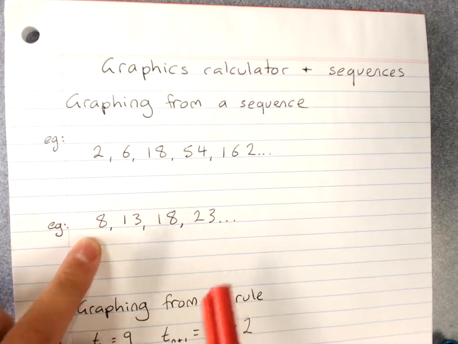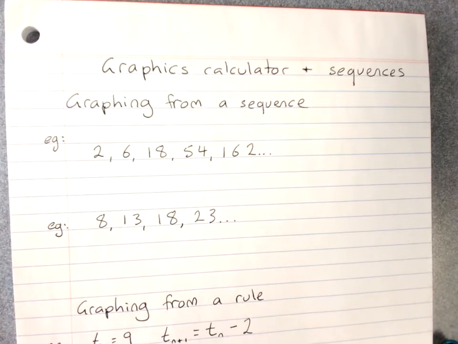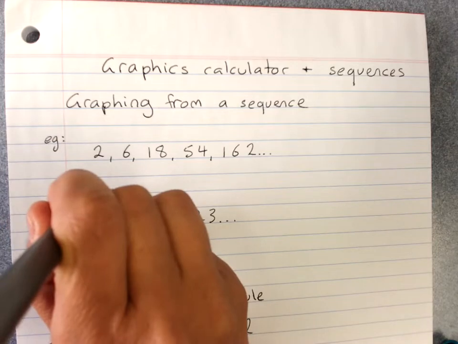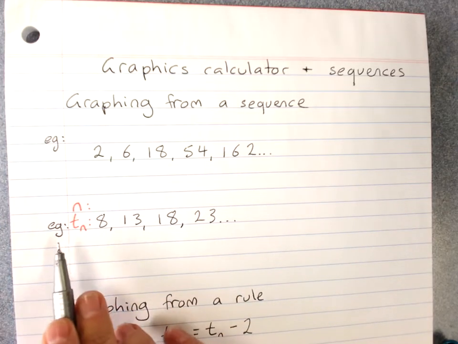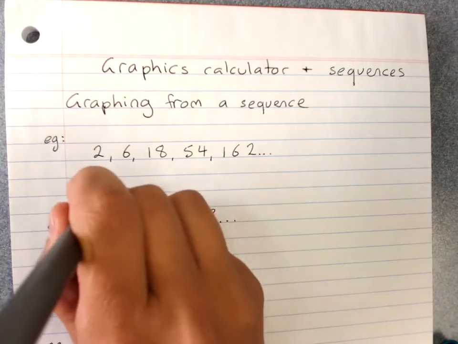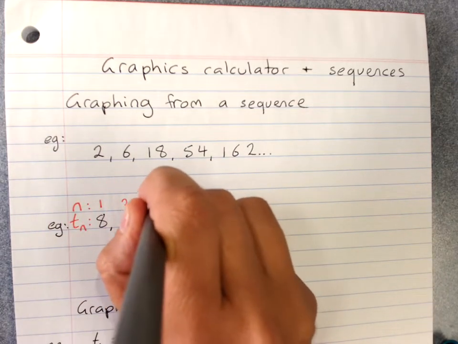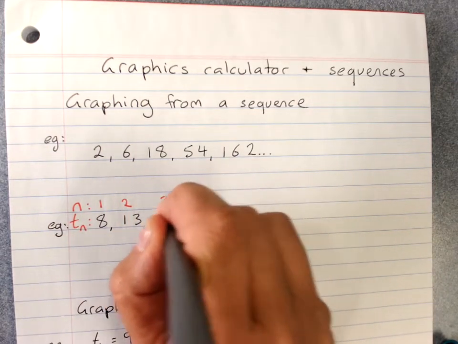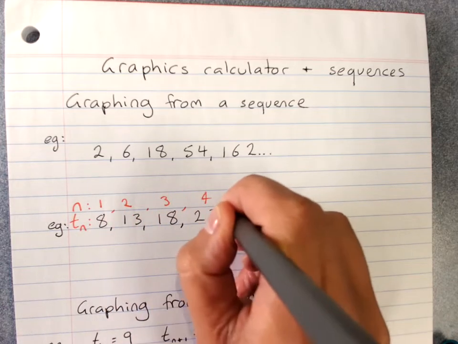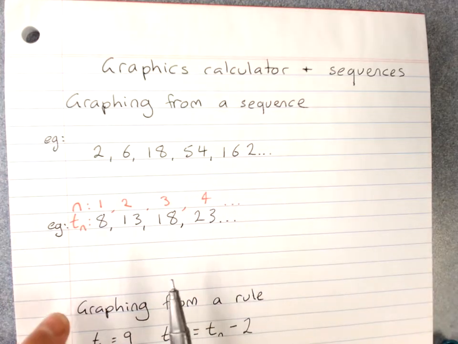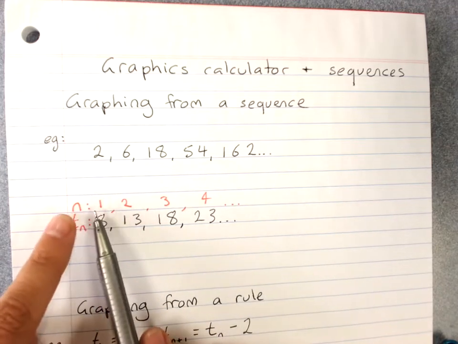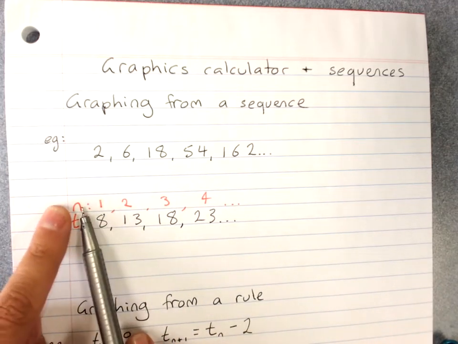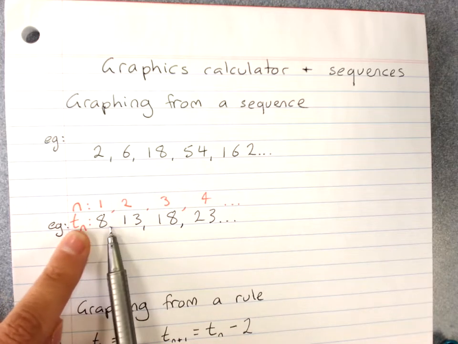You'll remember I said once before that if you put n and tn at the front of your number sequence and put in the n values, then it looks awfully like a table of values, where n is the x and tn is the y.